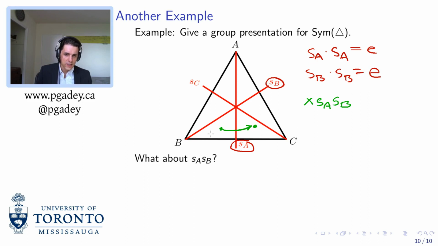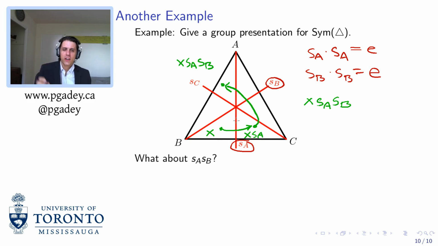So here's X, here's X after SA. Now we'll apply SB. So we'll reflect across B, and we wind up over here. Okay, so notice what this is doing.